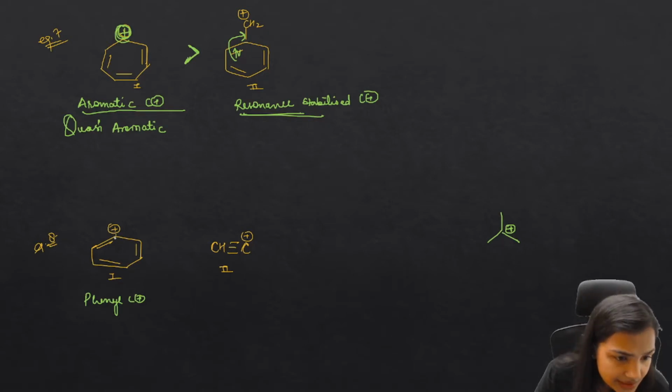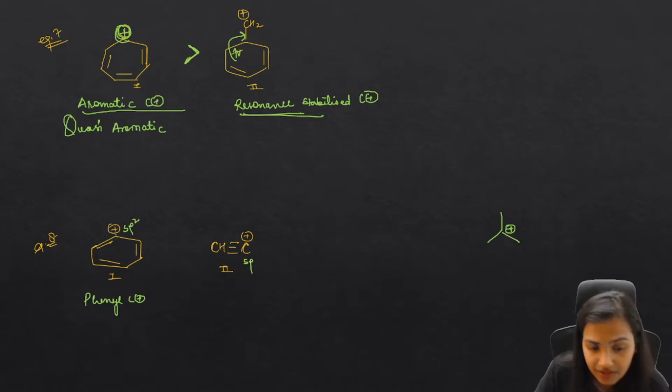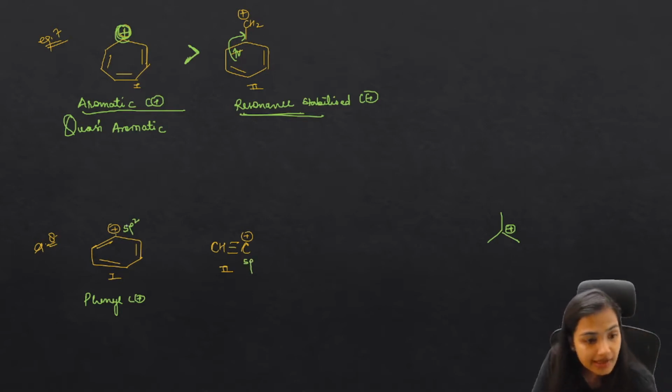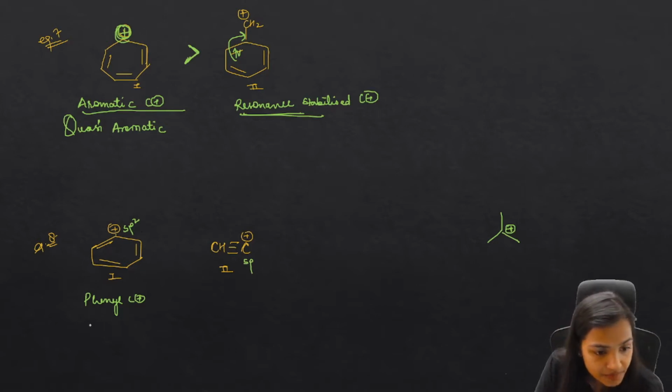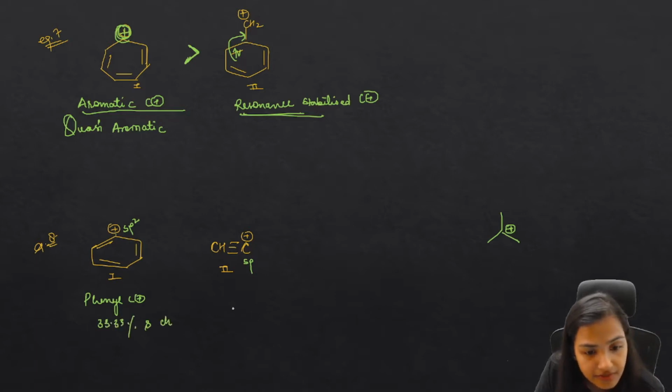As I told you, this is sp2 hybridized. So what we understand is that this carbocation has sp2 hybridization, but this carbocation has sp hybridization. So sp2 and sp: the percentage of s character here is 33.33%, and here we have 50% s character.